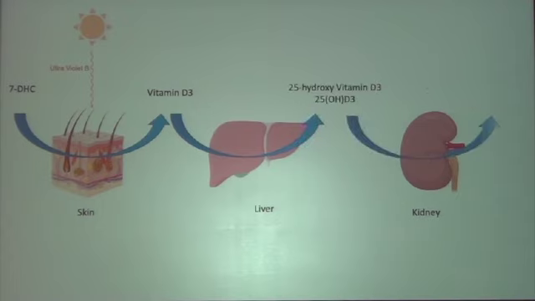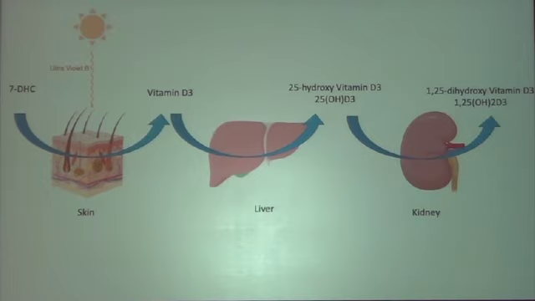Thereafter, vitamin D3 is transported to the liver, where the 25-hydroxylase converts it into the major metabolite of vitamin D that indicates the status of vitamin D, and is called 25-hydroxy vitamin D3, or calcidiol.